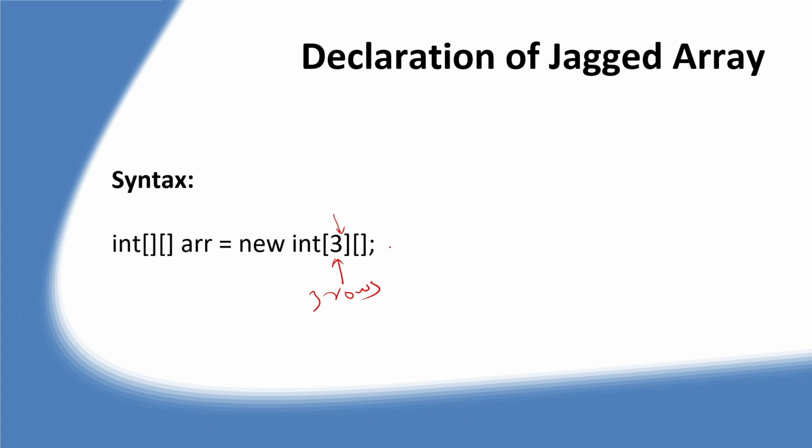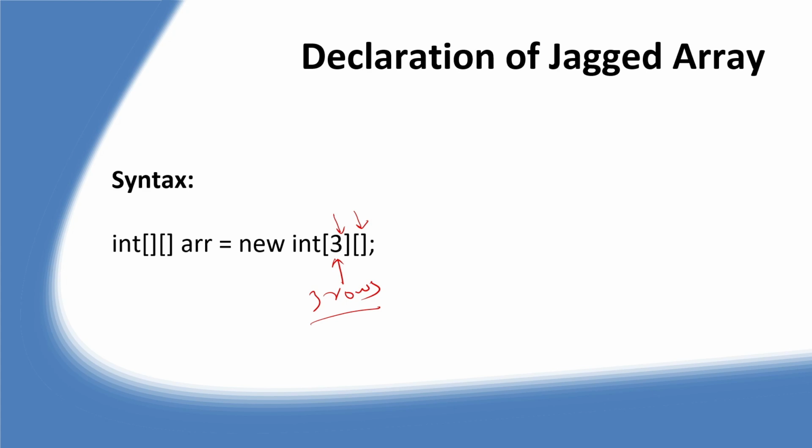So the number of columns for each row will be defined separately. For a regular 2D array, we provide both the row as well as the column value. But for a jagged array, we only provide rows, and we keep the column size blank.